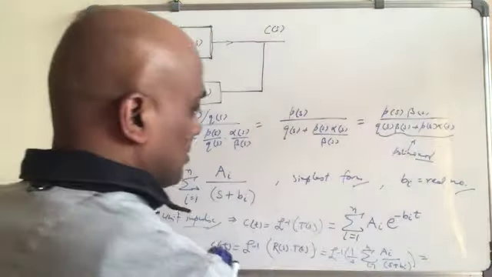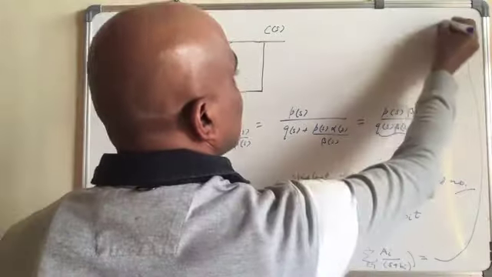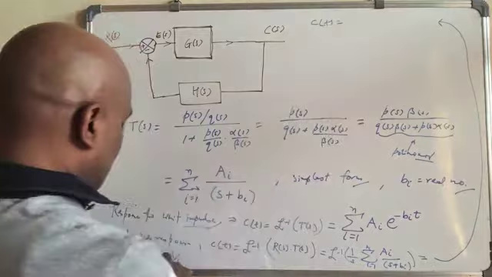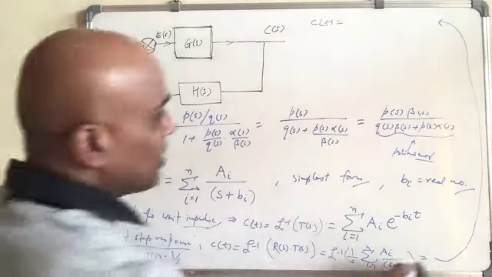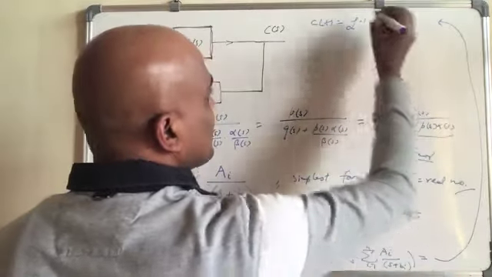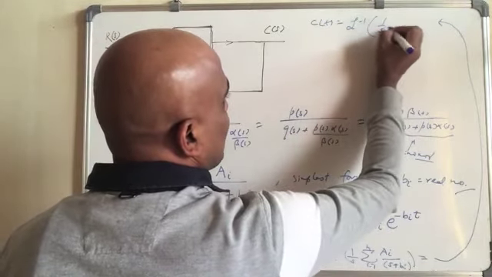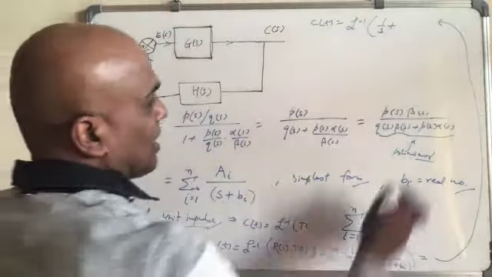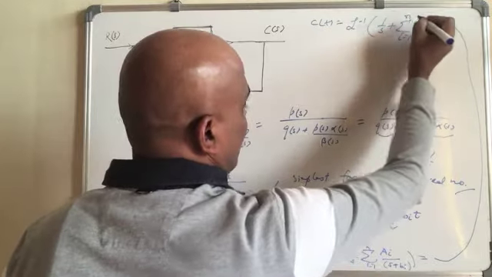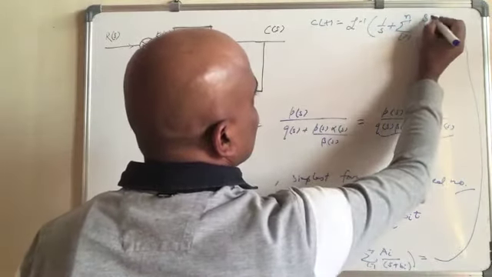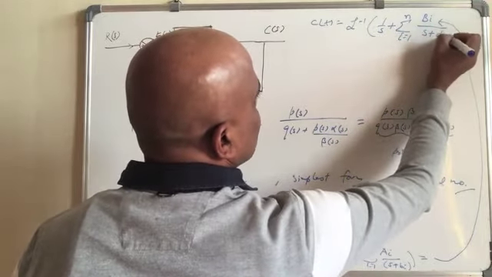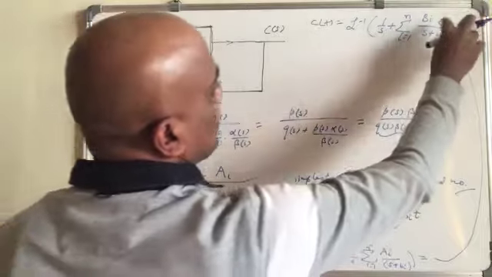So for the unit step response we are talking about, c(t) is the L inverse of a function 1 over s plus the summation for i equal to 1 to n of something different, b_i over s plus d_i.